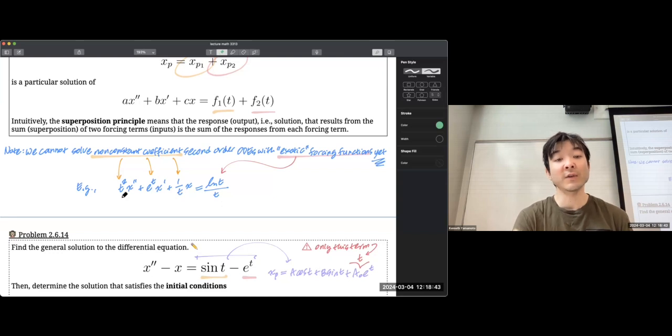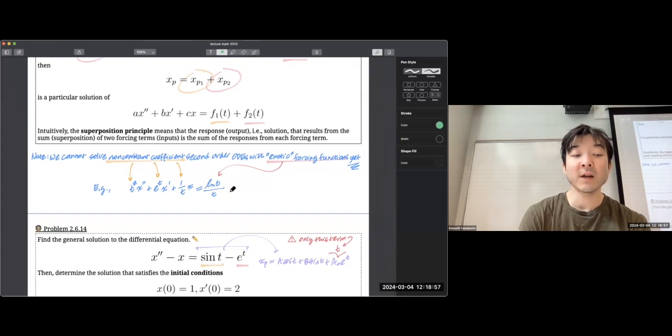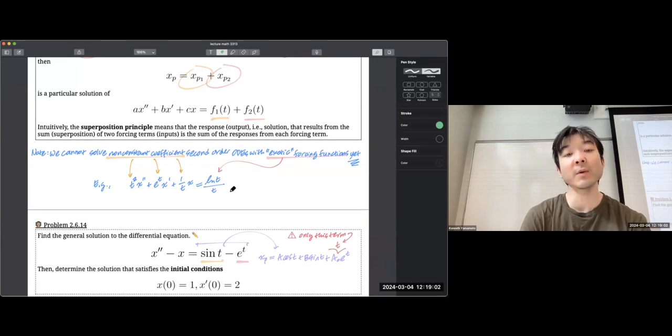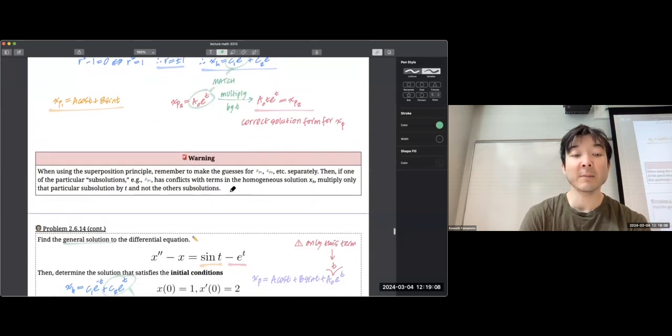And also all the coefficients in front of x, x prime and x double prime have been constant. Non-constant coefficients and more exotic forcing functions we'll cover later. But for now, all we've done is constant coefficients with sinusoidal, exponential, polynomial on the right-hand side, or some products of those. And it turns out that's enough for us to solve a variety of application problems.